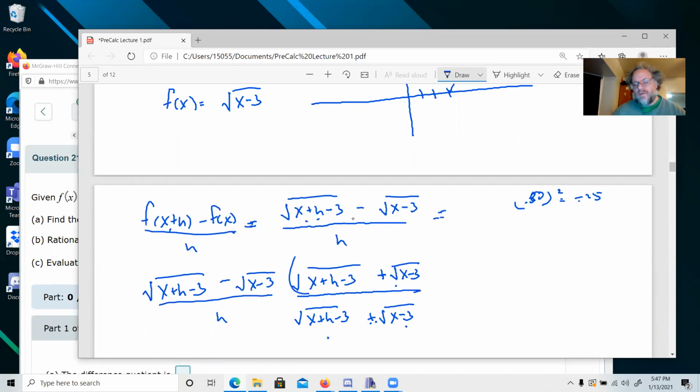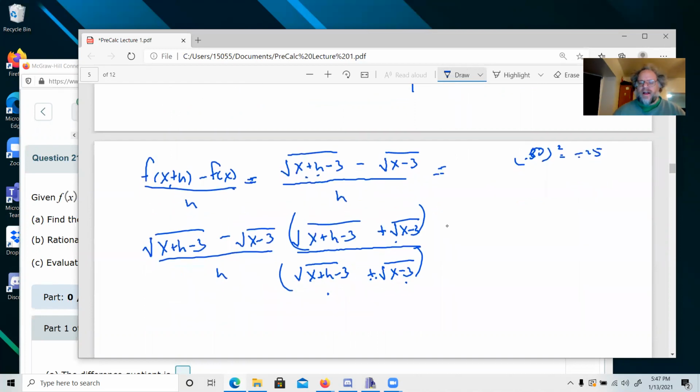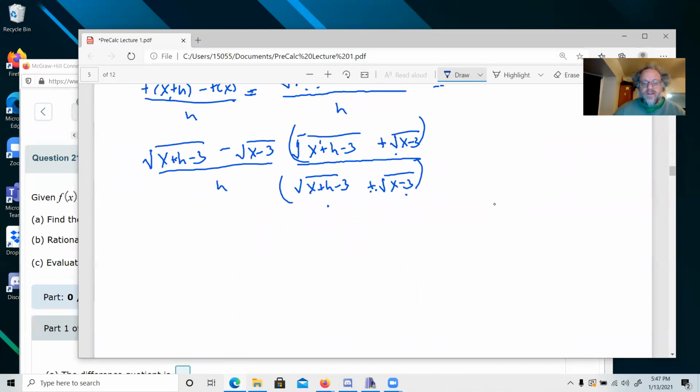All right, we multiply this through. I know this is a tough step for a lot of students, especially having not done square roots in a while. The square root of this thing times the square root of that thing is this thing, because they are the same. So we have x plus h minus 3.